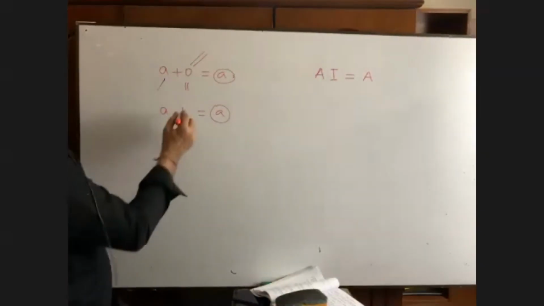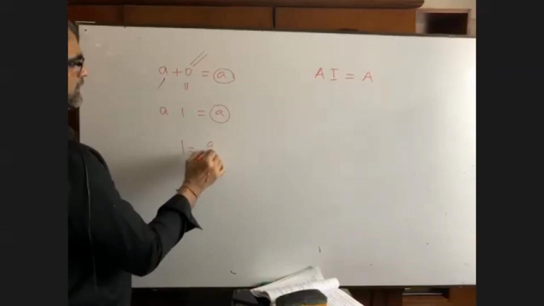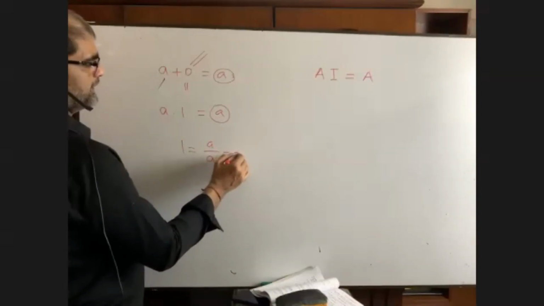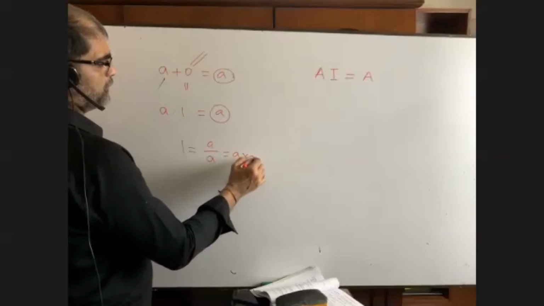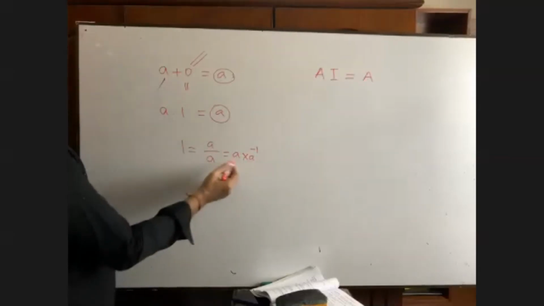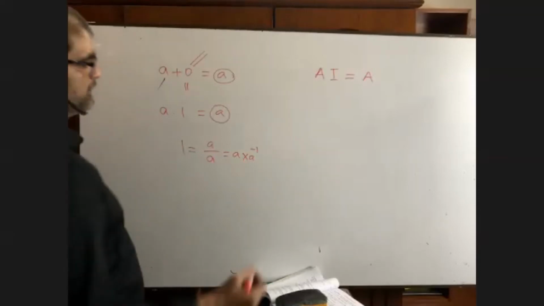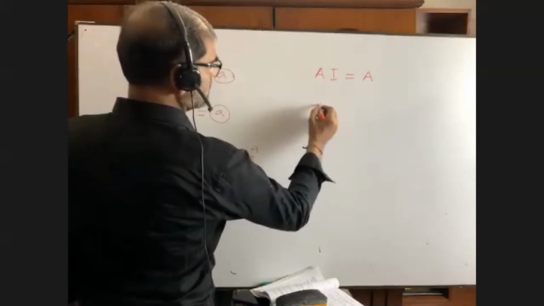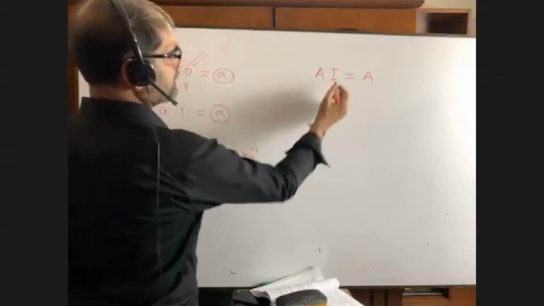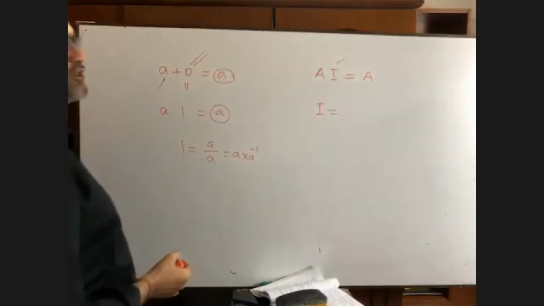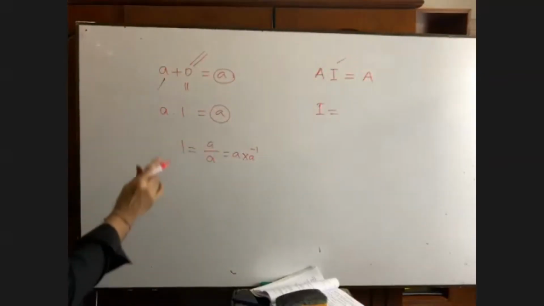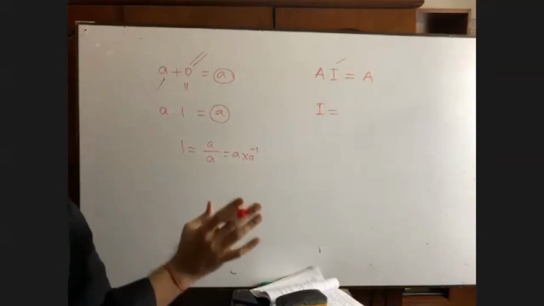You see here actually 1 equals to what? A by A. That means A into A to the power minus 1. Is it? Yes, sir. Okay, that's good. So here I equals to what? This is I, identity of matrix. Please switch off your loudspeaker. I request you.